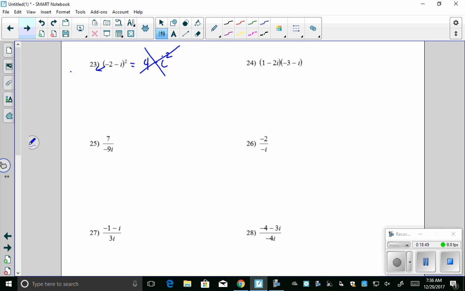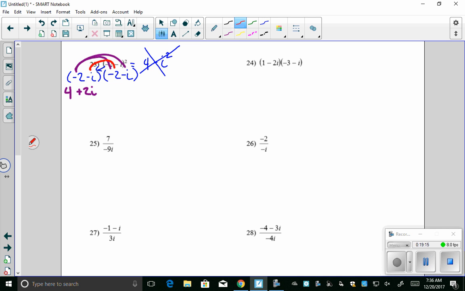This really means negative 2 minus i times negative 2 minus i. You are multiplying the parentheses times itself. Now you need to foil. Negative 2 times negative 2 is a positive 4. Negative 2 times negative i is a positive 2i.